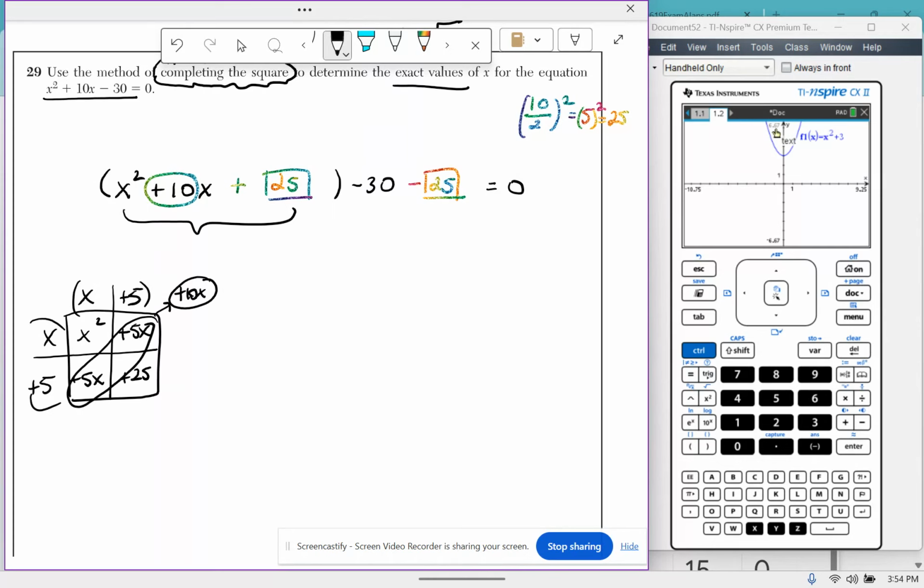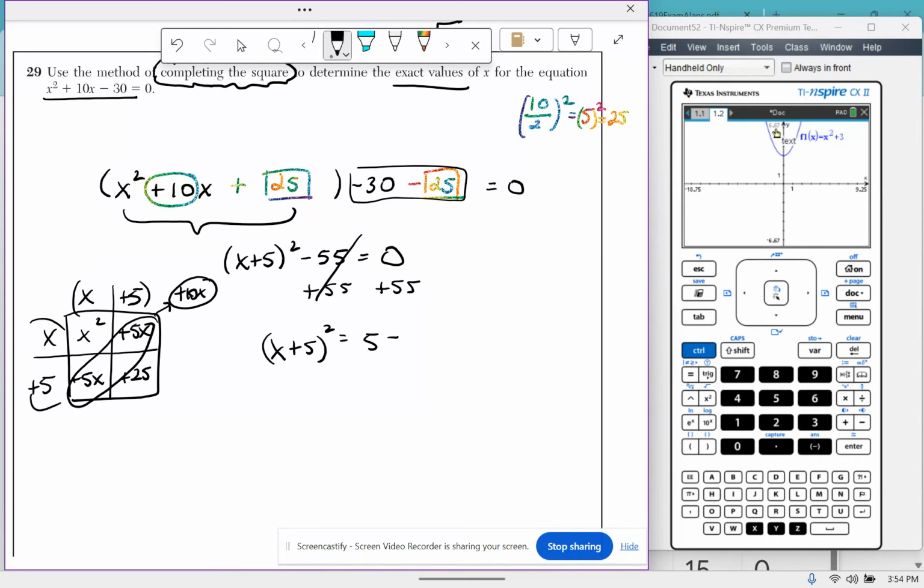Therefore, this trinomial now factors to the binomial of x plus 5 squared. I combine my constants out back here. And now I need to solve. So I'm going to add the 55. I now have x plus 5 squared equals 55.